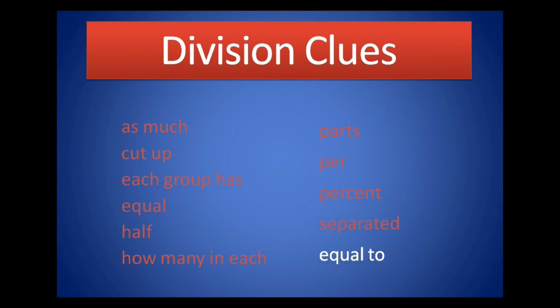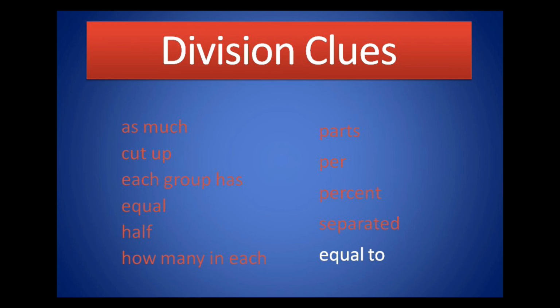Okay, our next word is equal to. Remember, we already did equal. Now we've got equal to. Now, here's the thing with equal to. I'm thinking maybe I should not have included equal to, because equal can lead you down a couple of different paths.